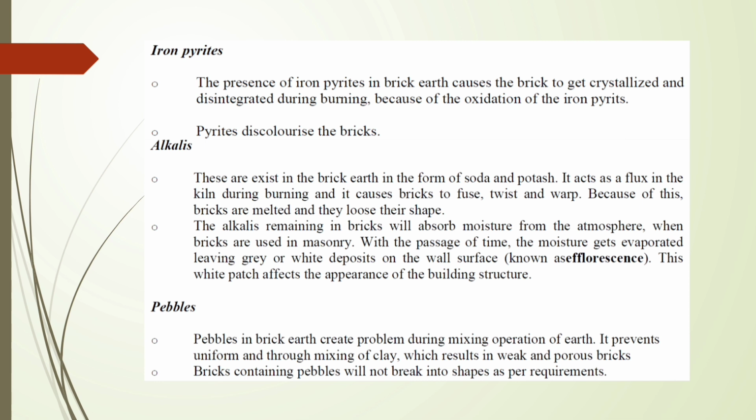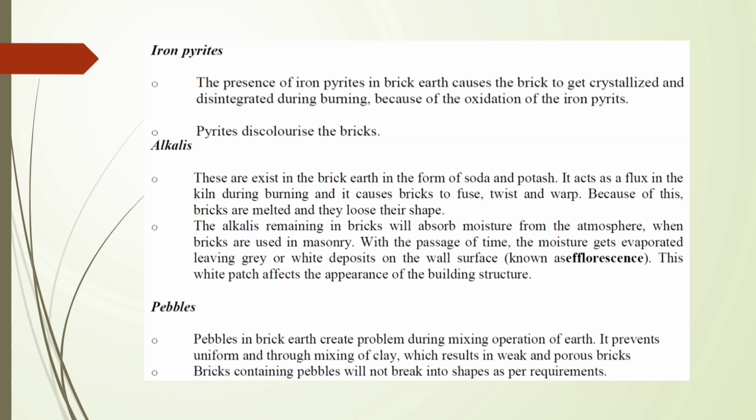The alkalis act as a flux in the kiln during burning and they cause bricks to fuse, twist and lose shape. Excess of alkalis in brick absorbs moisture from the atmosphere, which on evaporation leaves behind grey or white deposits on the brick wall surface and thus spoils the appearance of the building.